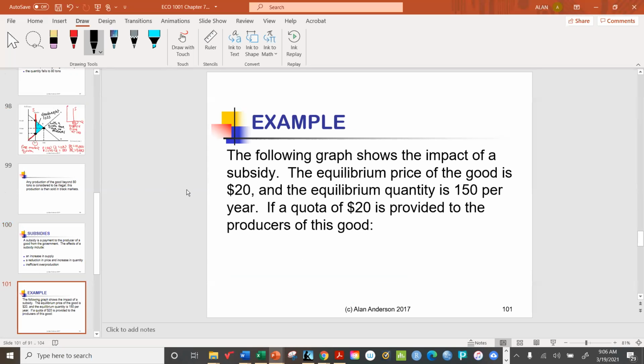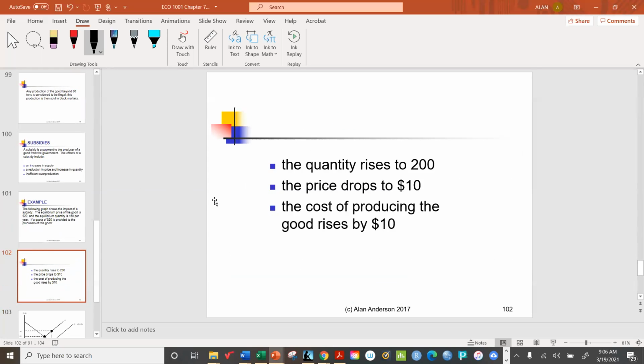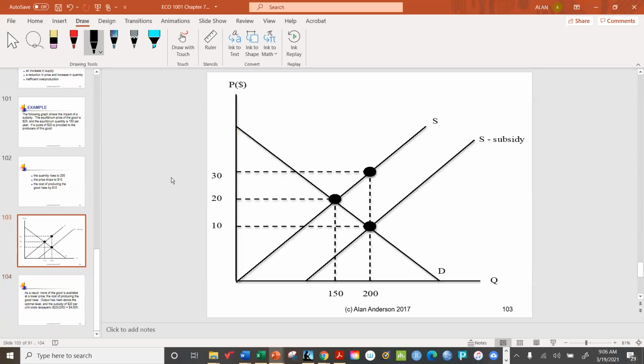So let's see, in this case, remember before when we had a tax, the supply curve shifted to the left. Now with a subsidy, the supply curve shifts to the right. So we end up down here, from here to here.